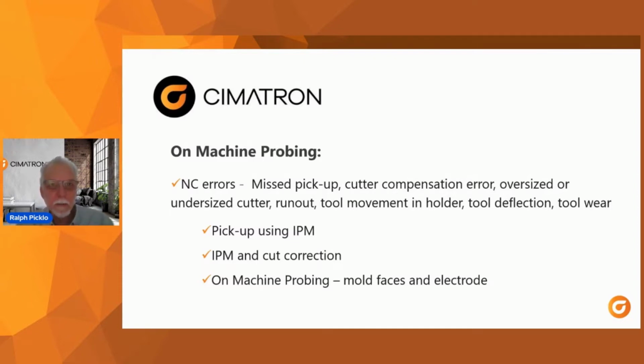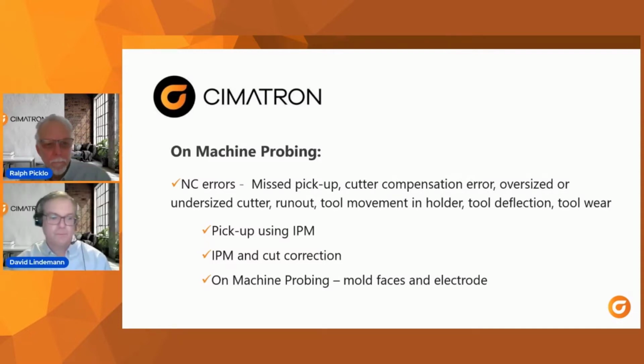This can take your process to the next level and increase profitability and customer satisfaction. Dave will show you how we address these concerns and automate your manufacturing without any human interaction. Dave, let's see how we become more productive.